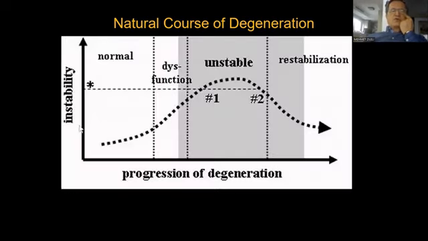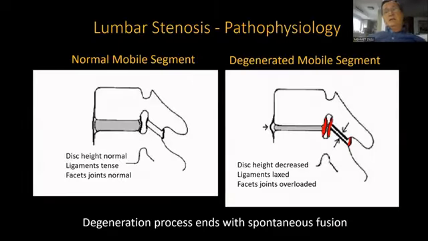So this is the progression of degeneration over time. It starts with the dysfunctional phase, unstable, then restabilization. If it is restabilized, then we may need fewer fusion surgeries, just a decompressive surgery, if it is possible, without causing any iatrogenic instability.